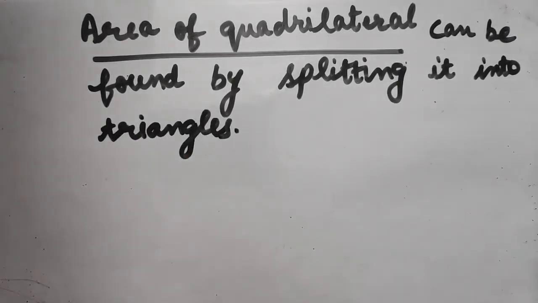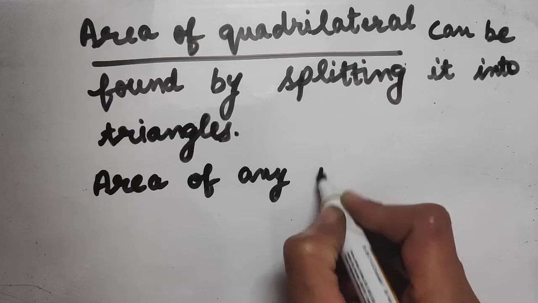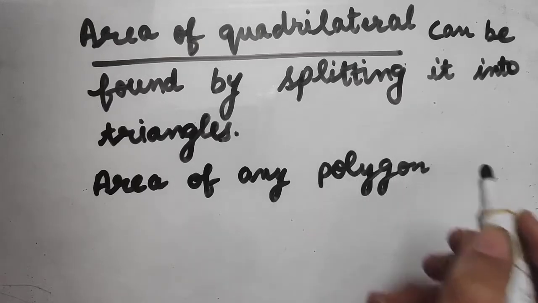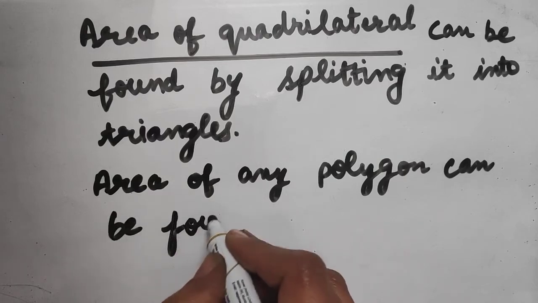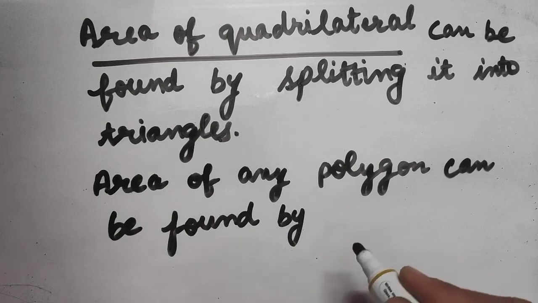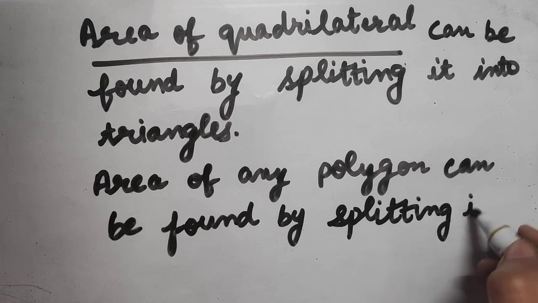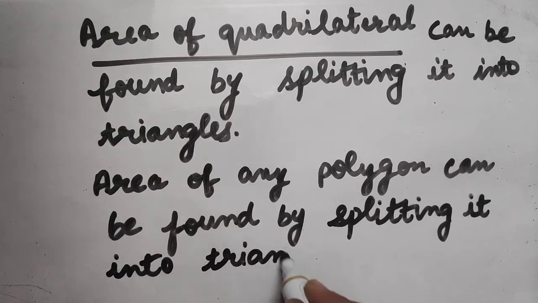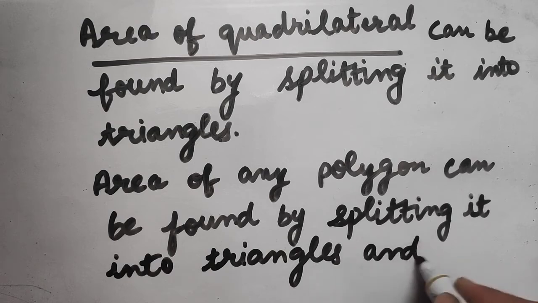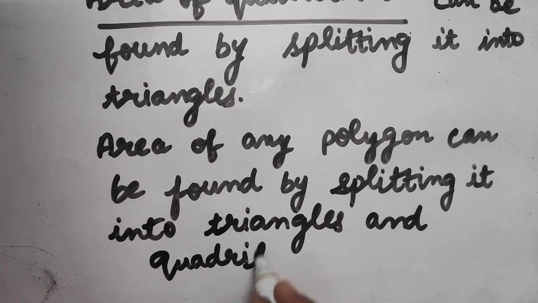Let us talk about now area of polygon. Area of any polygon can be found by splitting it into triangles and quadrilaterals.